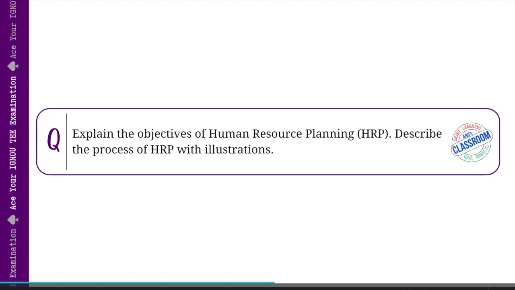Anything and everything that we learn in MMPC 2 or in terms of human resource management, the main objective is always to align the workforce, align your human resources with your organization's goals, with its mission, vision, everything. So it means that we have to have enough skilled employees.